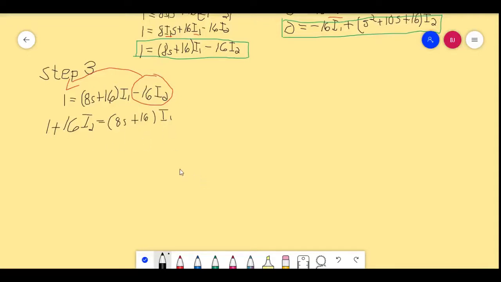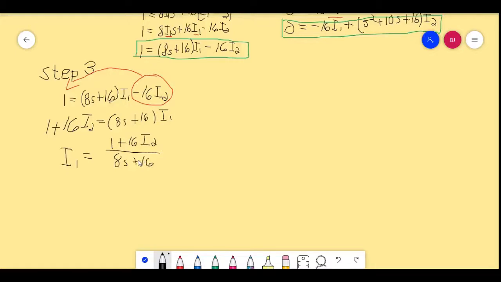We just want to leave I1. So we divide both sides by 8s plus 16 in order to cancel out the 8s plus 16 coefficient of I1. And then I'll flip it. So I'll have I1 here would now be equal to 1 plus 16I2 over 8s plus 16. Okay.